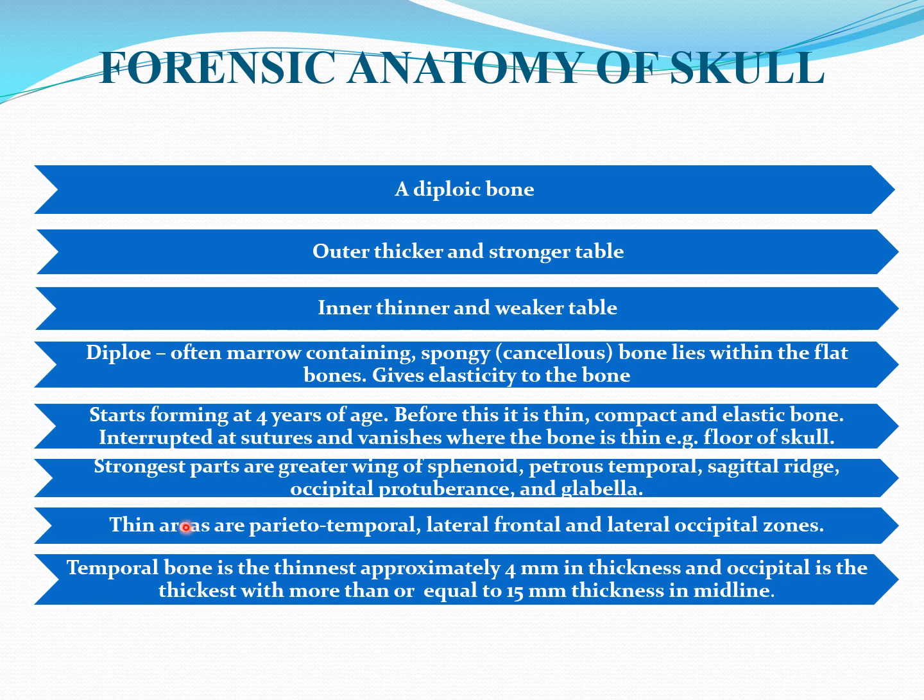The thin areas are the parieto-temporal, lateral frontal and lateral occipital zones. Temporal bone is the thinnest, approximately 4 mm in thickness, and occipital bone is the thickest with more than or equal to 15 mm thickness in the midline.